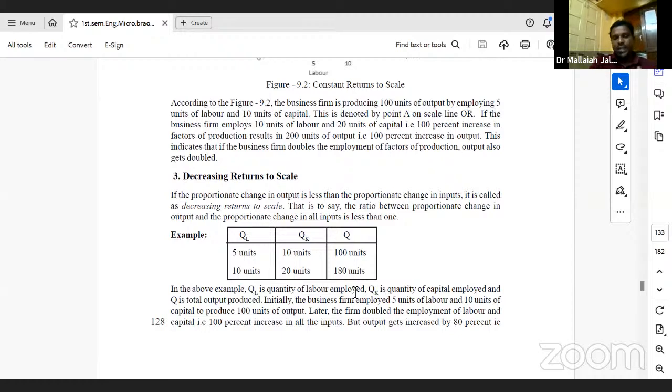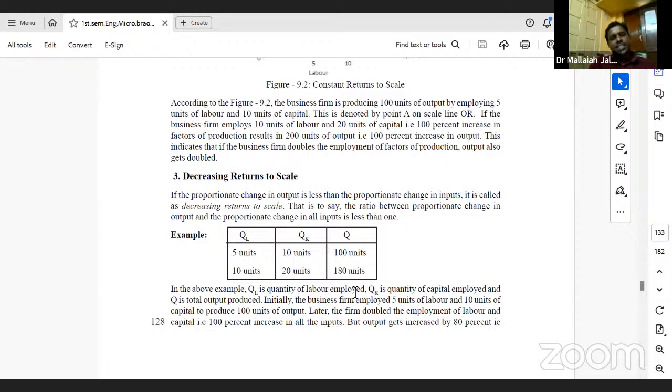Then if we increase, the output is also 200. That is constant returns to scale, we say. The same proportion, 100 to 200, is increased due to the increase in capital and labor in the same proportion. That is constant returns to scale.